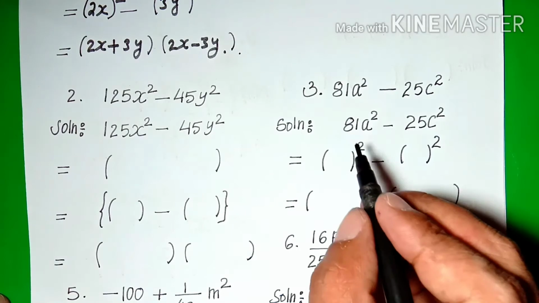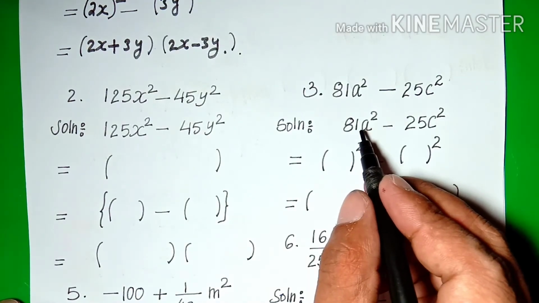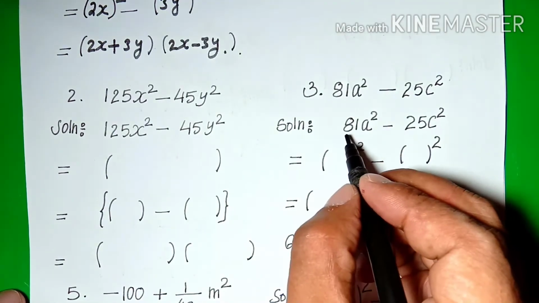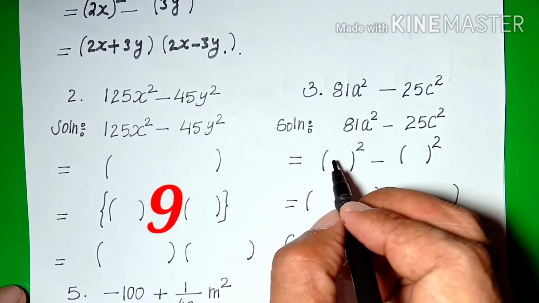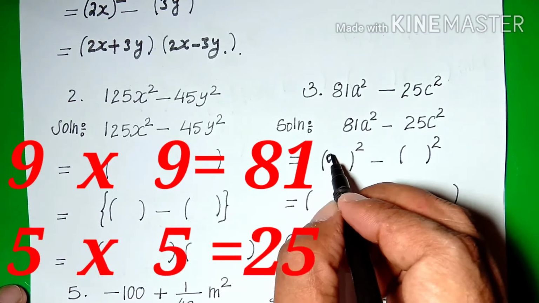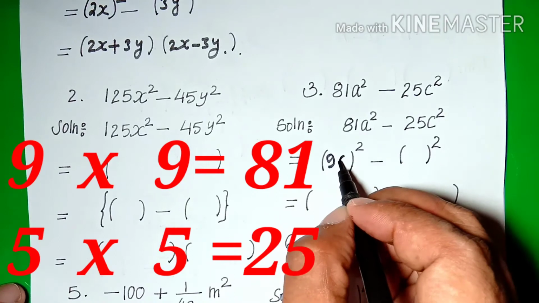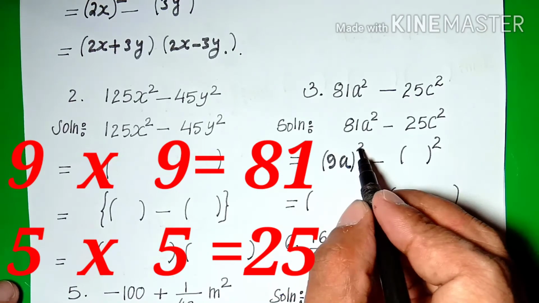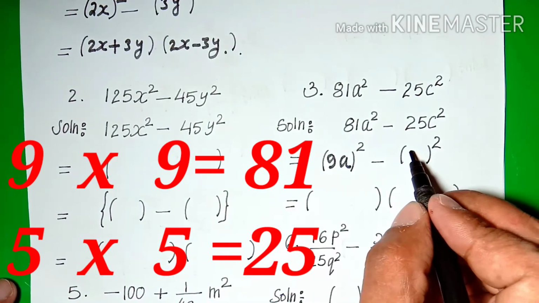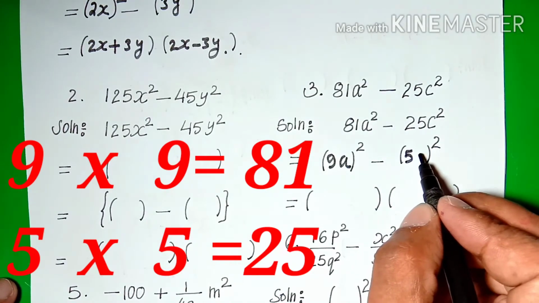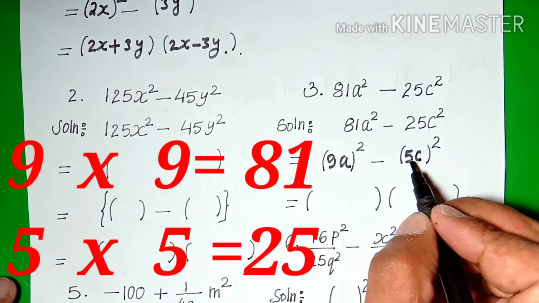Now the third one, that is 81a² − 25c². Firstly, you'll have to convert this into a difference of two squares. We know that 81 is a perfect square of 9, with variable a, so (9a)². 25 is a perfect square of 5, with variable c, so (5c)².